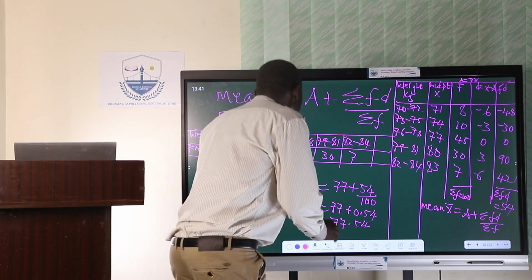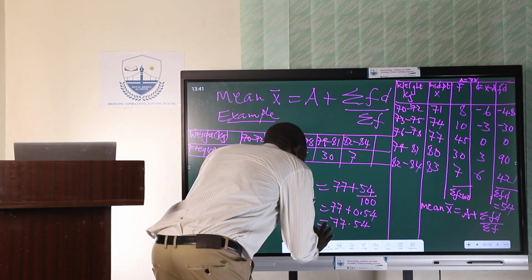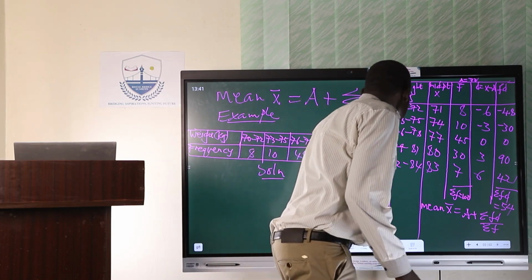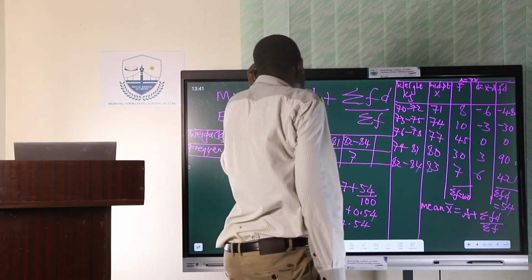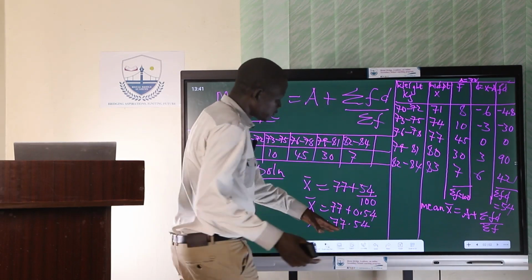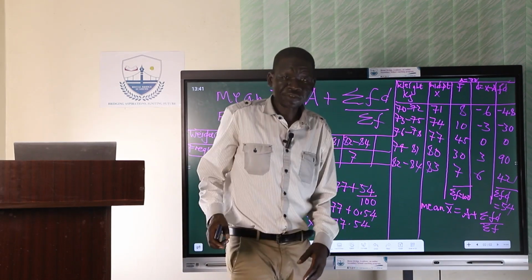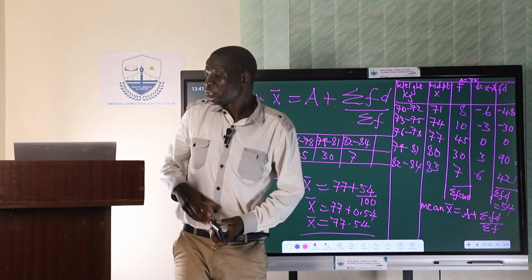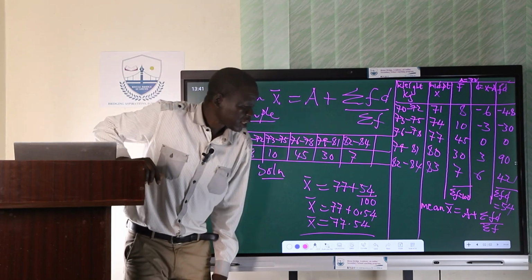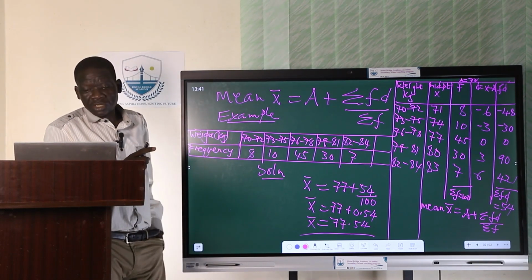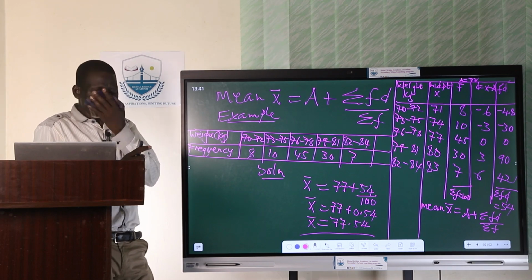So the 77.54 will be equal to the actual value of the mean, which is called the true mean, which when rounded off will be 77.5 as the answer. So basically, that is how we can use the assumed mean method to calculate the mean.